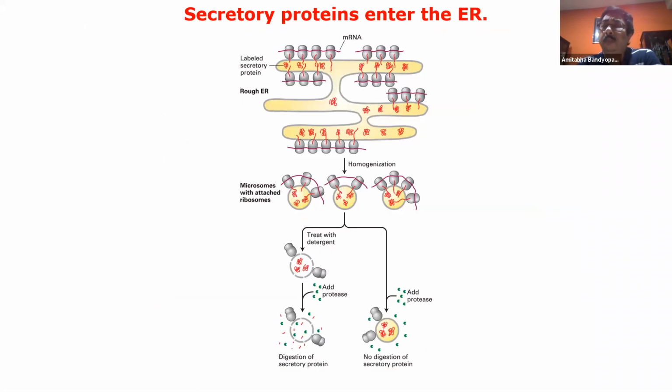The proteins that are inserted into the endoplasmic reticulum, either because they are destined for the cell membrane or because they are destined for the secretory pathway, are protected from a protease digestion until and unless the vesicles are treated with detergent, which demonstrates that the proteins are protected within a lipid membrane vesicle, in the lumen of a lipid membrane.